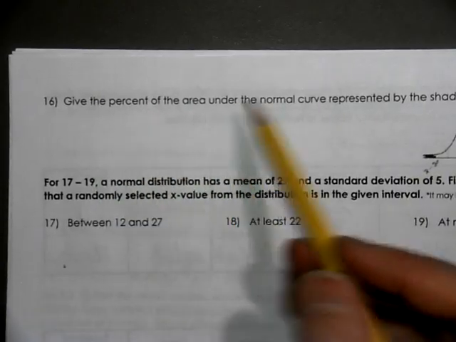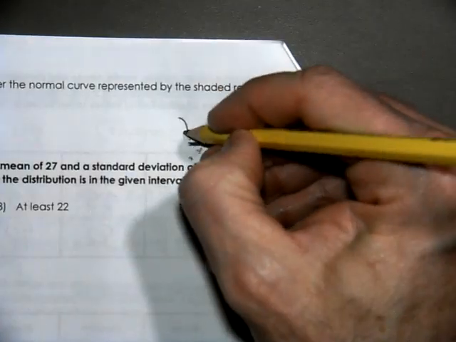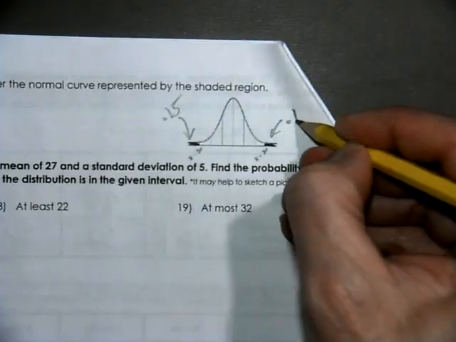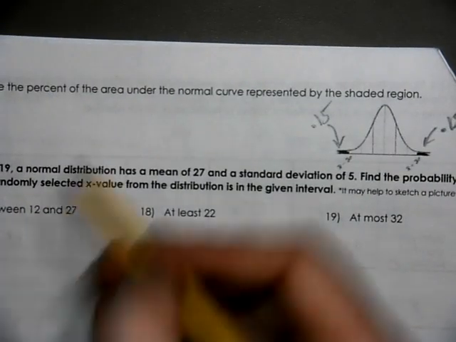Okay, give the percent of the data underneath the curve in the shaded region. So it looks like this is 0.15, this is 0.15, so that's a total of 0.3.